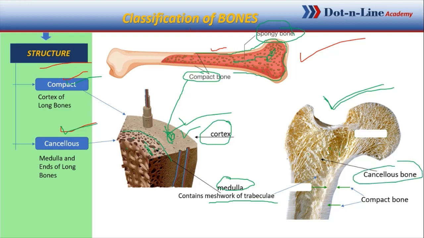It is a calcareous bone, and the cortex part has a very dense structure, tight and very densely made. It is compact bone. So the cortex of the long bone is compact, and the medulla of the long bone and the ends, like this is the end of this bone, are calcareous.